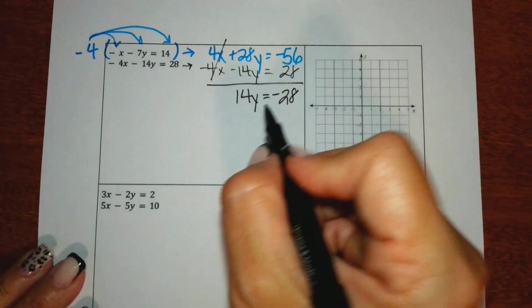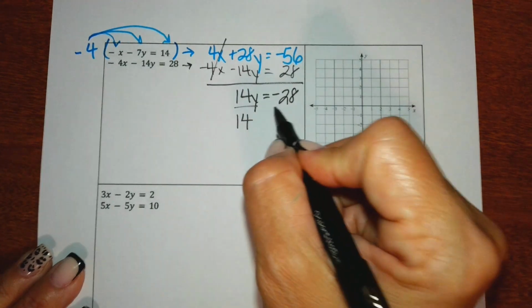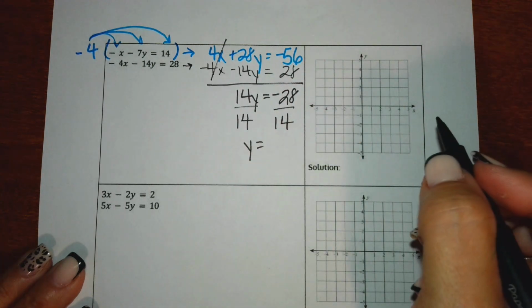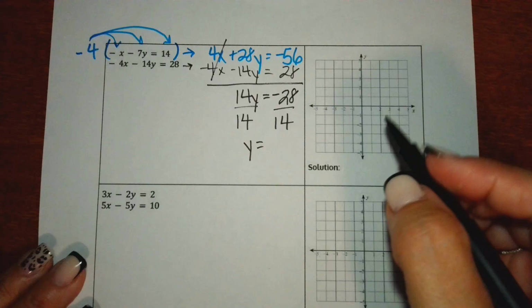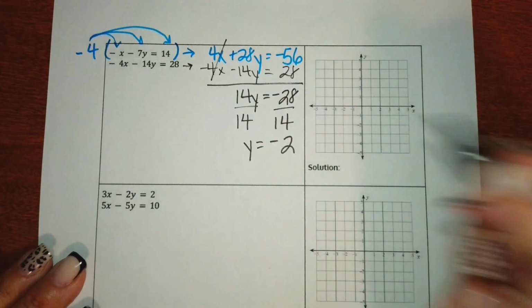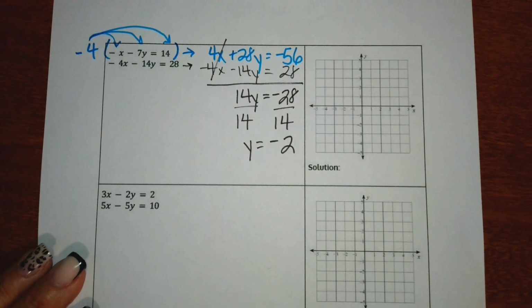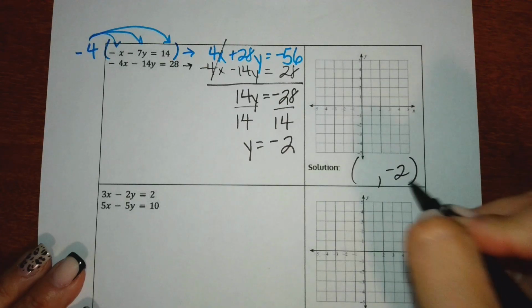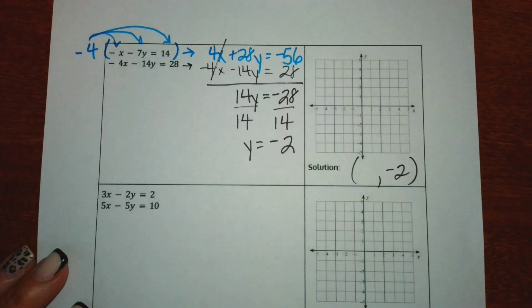Okay, now we're going to divide everything by 14. When you divide everything by 14, you get negative 2. So I know this value right here, y, is negative 2.